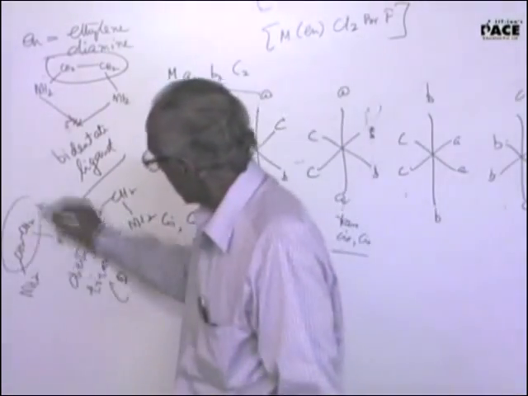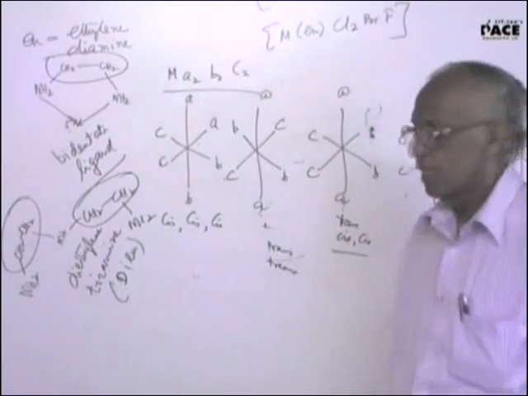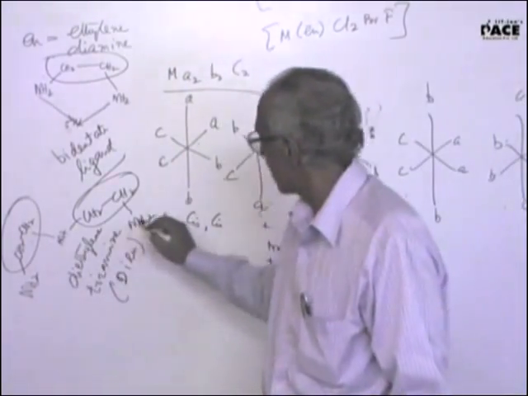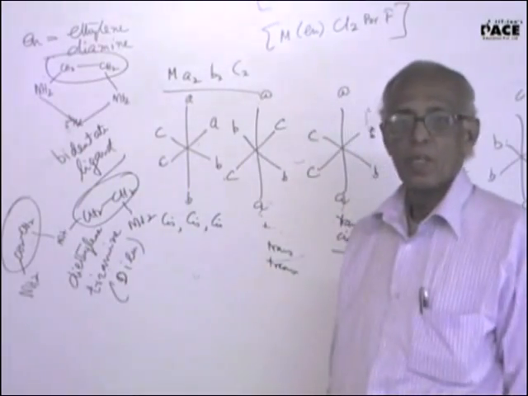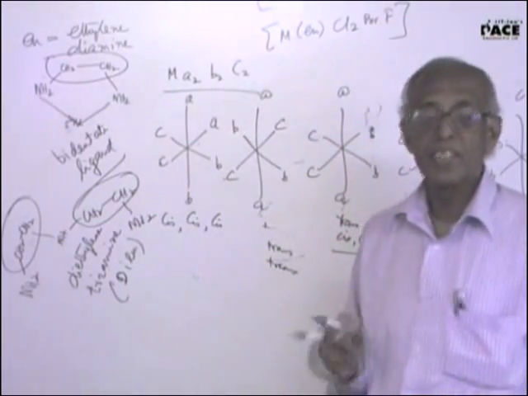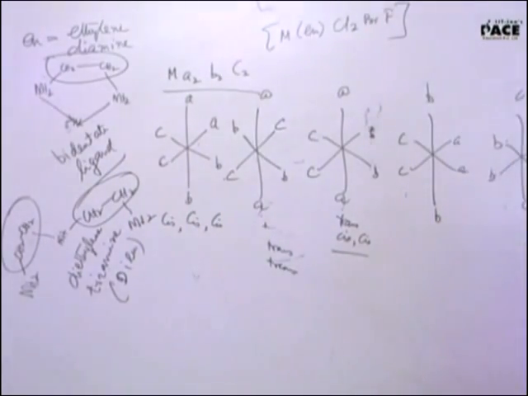There are two ethylene units, so it is diethylene, and there are three amines, that is triamine. So diethylenetriamine is what type of ligand? How many donor atoms does it have?